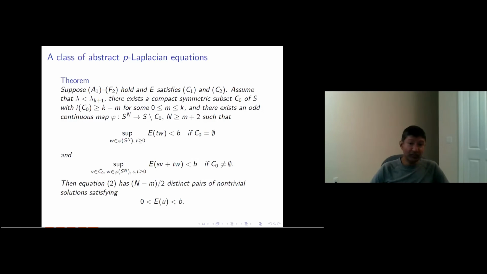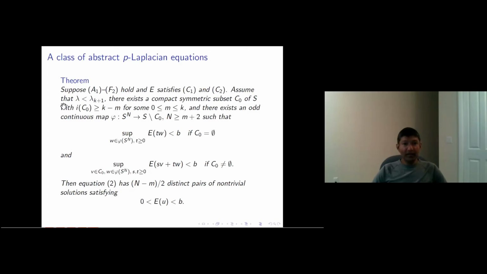Okay, so here's our abstract multiplicity result for this class of operator equations. Assume that we have the assumptions that we just stated for the operators A, B, and F, and also assume that E satisfies the weaker compactness conditions C1 and C2.